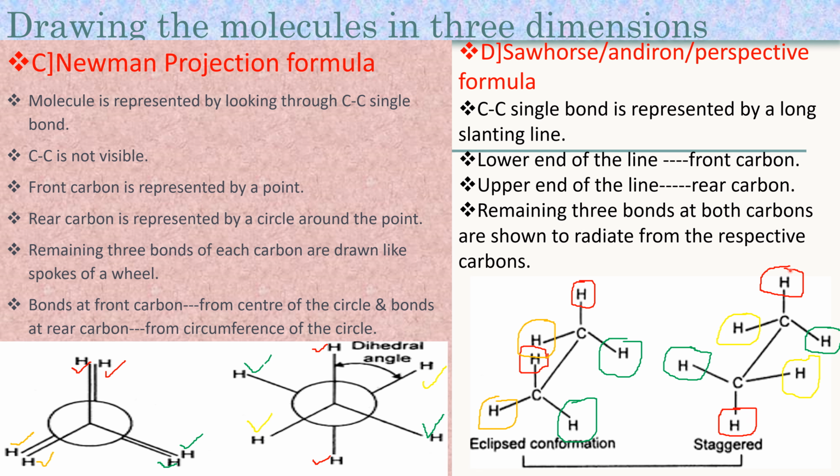Similarly, the other hydrogen atoms are away from each other, and therefore it is called staggered conformation. So in the Sawhorse projection formula, we again have two conformations, eclipsed conformation and staggered conformation.